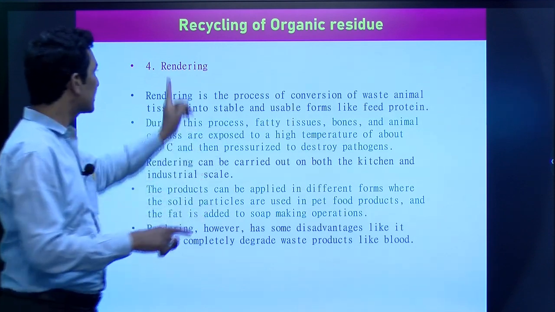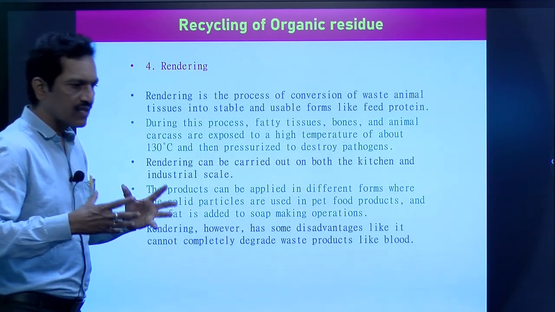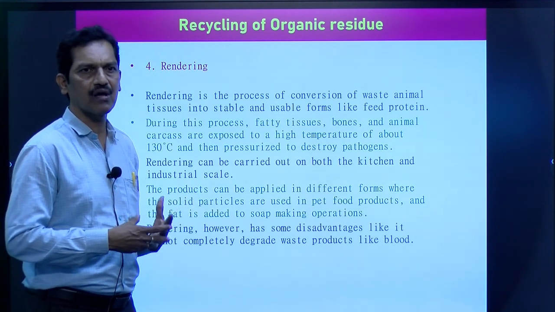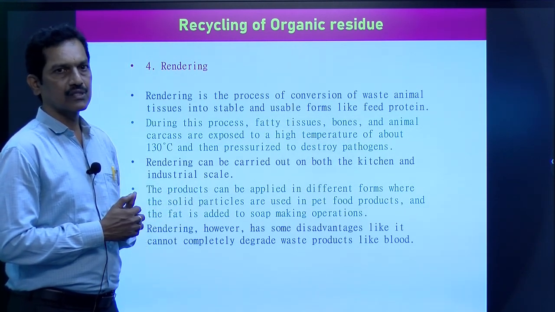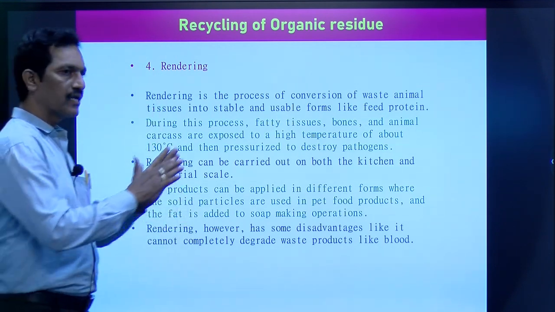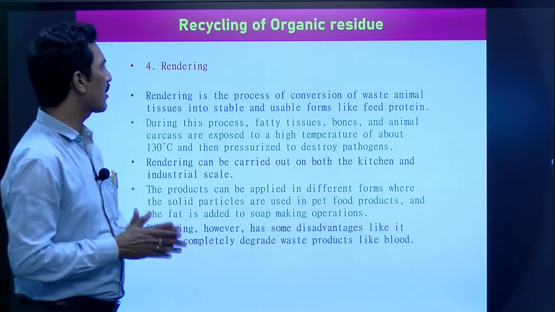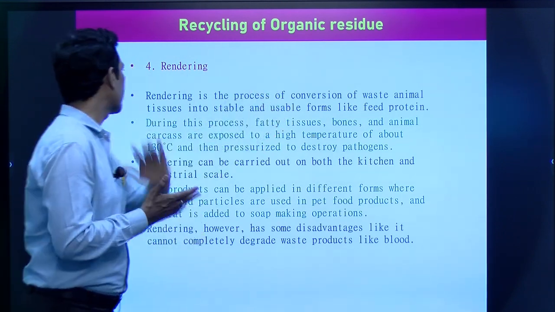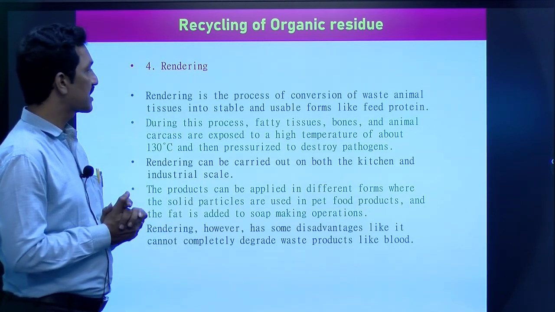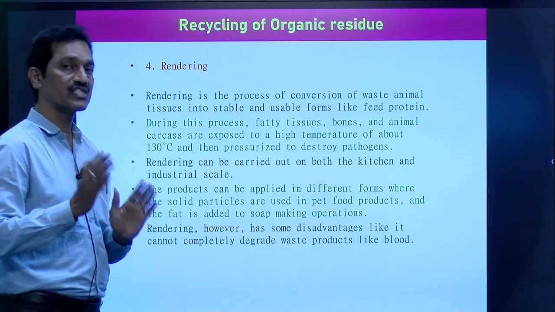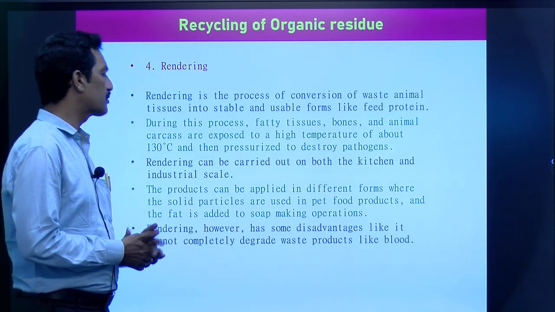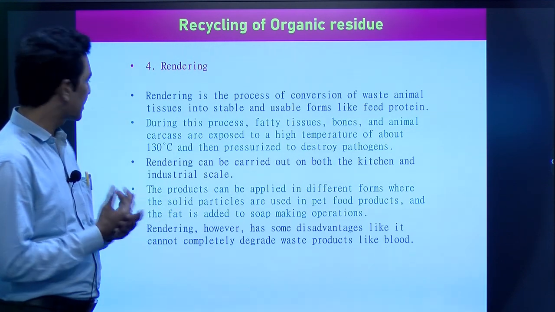But by applying this rendering process, the bones, muscle, flesh, etc. that may cause pollution are converted into a useful product, that is feed protein. The dead bodies are exposed to 130 degrees centigrade under high pressure so as to destroy all pathogens, and this rendering can be carried out in both kitchen and industrial scale also.